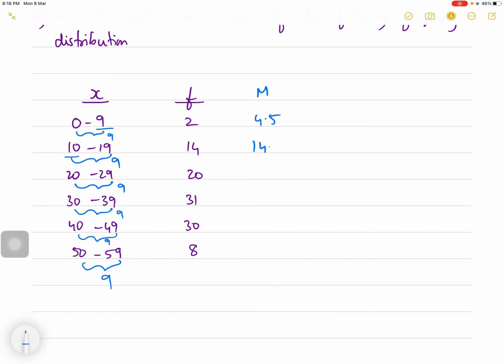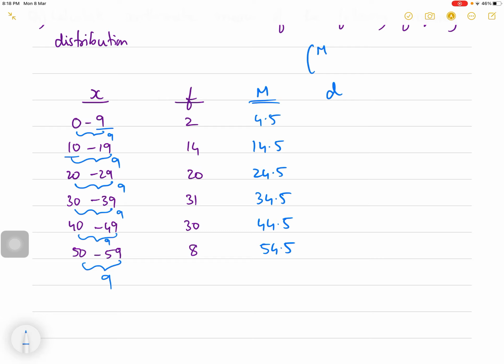Yeah, 14.5. 20 plus 29 divided by 2, 24.5, 34.5, 44.5 and 54.5. So these are the midpoints. Okay. Yeah, next column is D.